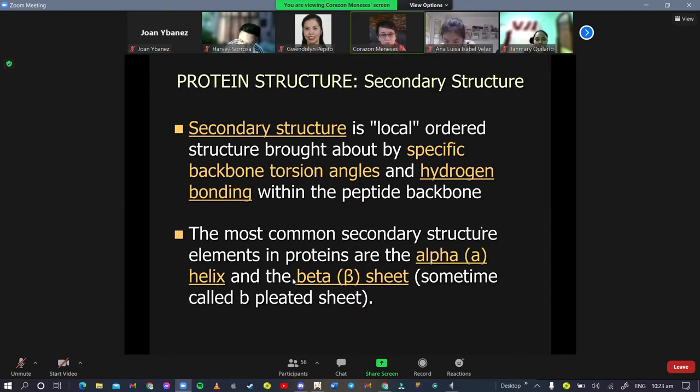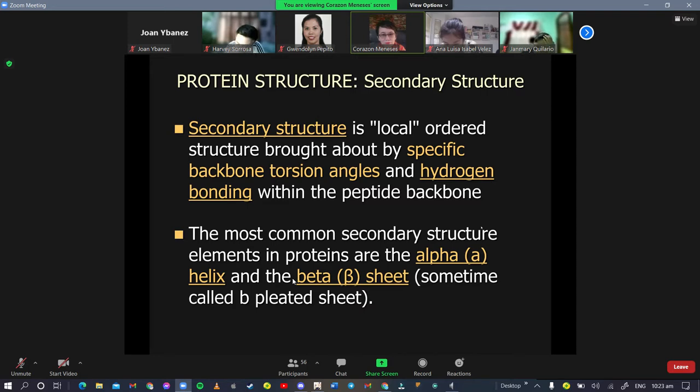So for you, we go back to primary, it is linear, straight. Then something will happen within that linear structure. So there will be a local ordered structure brought about by specific backbone torsion angles and hydrogen bonding.